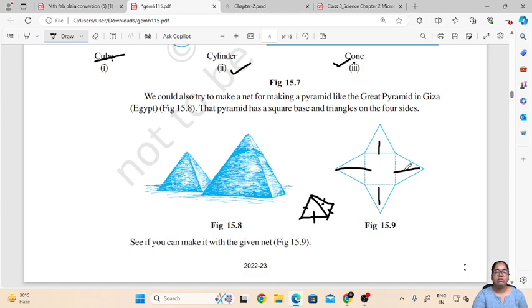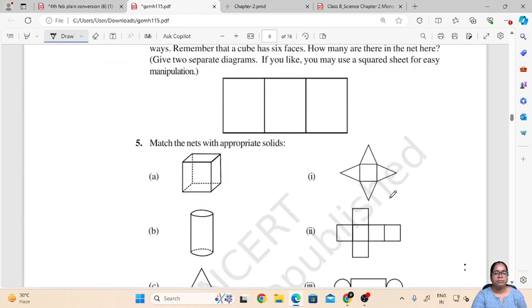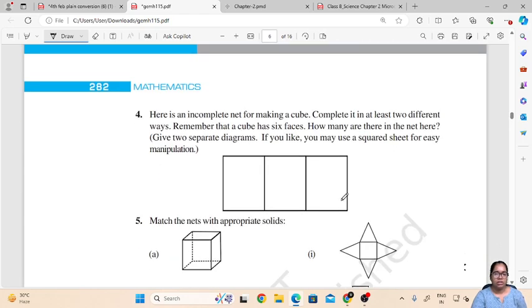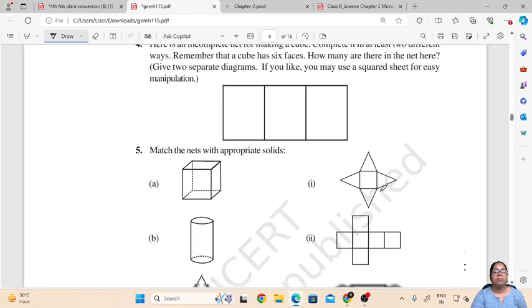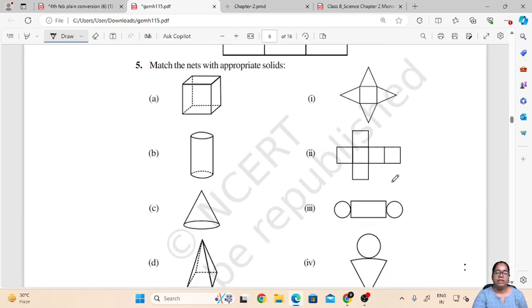So this was about how to represent the nets of any 3D shape and how to identify which are the nets of any 3D shape.